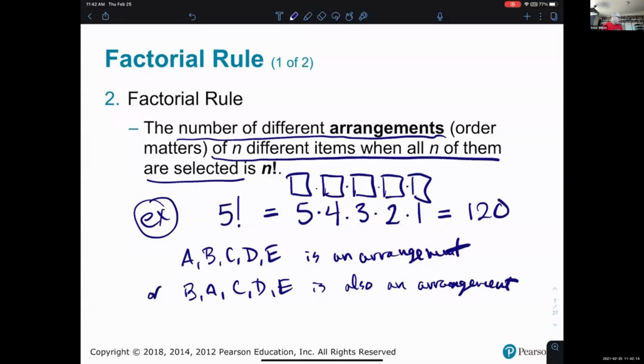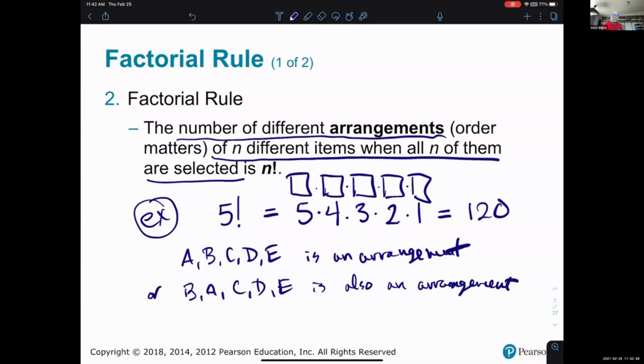And the idea is, how many ways could you choose the first letter? Well, there are 5 ways you could choose the first letter because you have A, B, C, D, or E. But then when you're going to list the second letter, if I'm just arranging items and I've already put one of them first, I have the remaining 4 letters to choose from for which one will be listed second. So there are 5 ways to see who gets listed first.